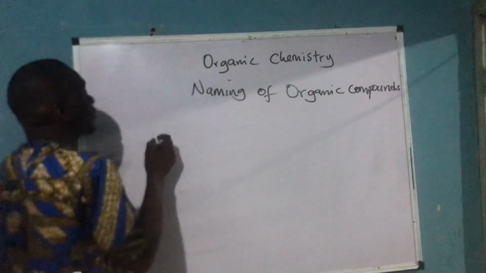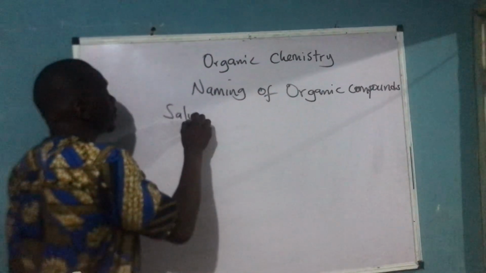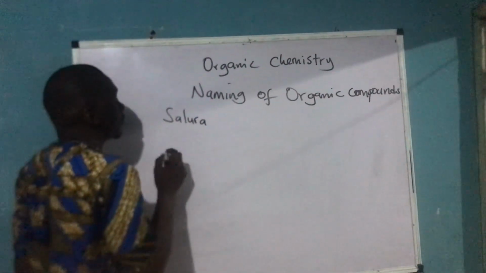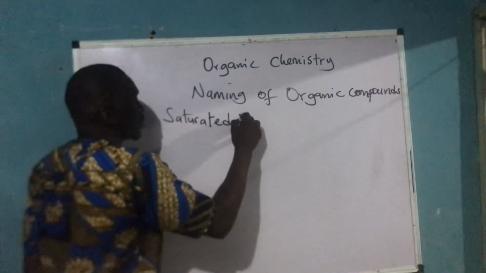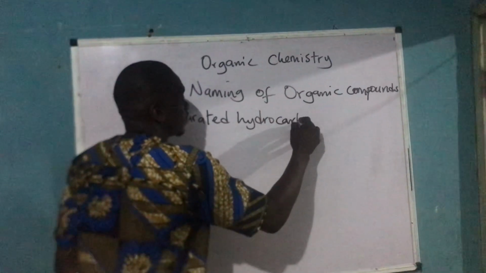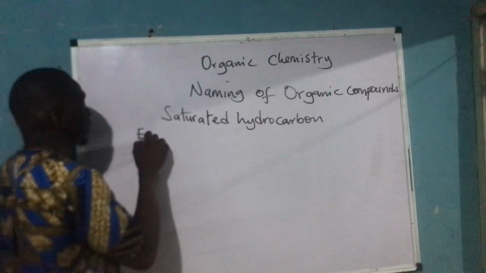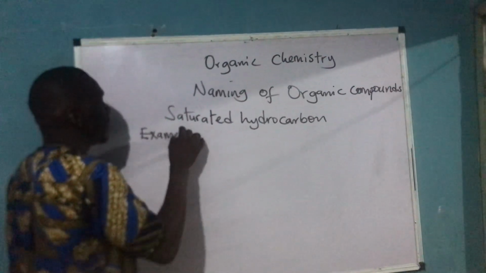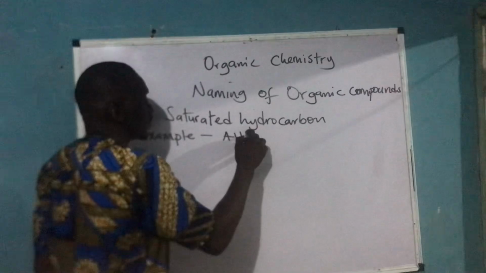Today we start with the saturated hydrocarbon. An example of the saturated hydrocarbon family we are going to be discussing is the alkanes.